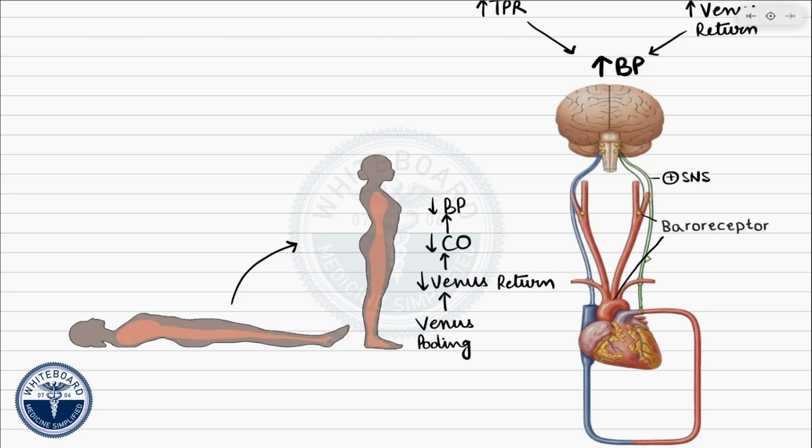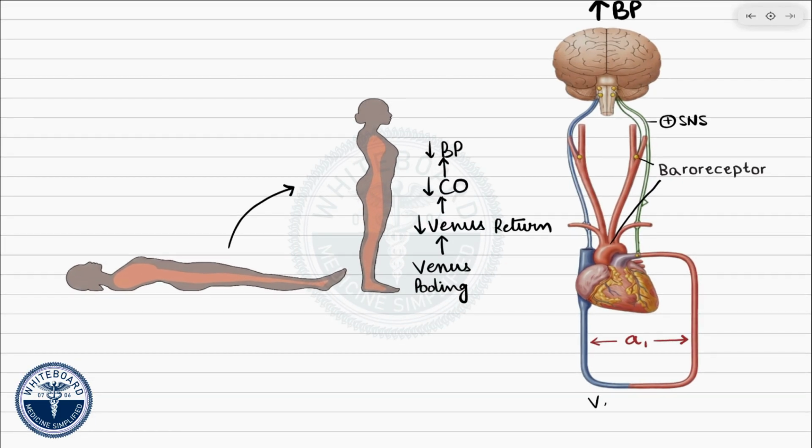The sympathetic nerves then stimulate alpha-1 receptors on blood vessels, causing vasoconstriction, especially in the arterioles and veins. Venous constriction pushes the pooled blood back toward the heart, while arteriolar constriction increases total peripheral resistance. Together, these responses quickly restore blood pressure, allowing adequate blood flow to the brain even when you're standing.